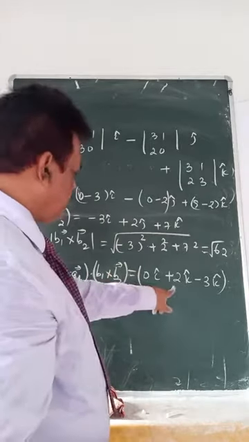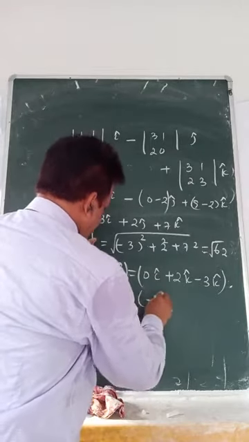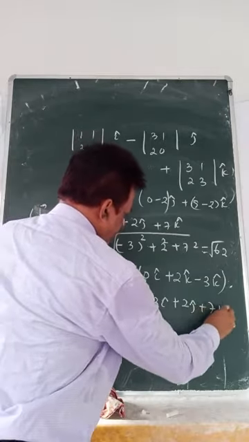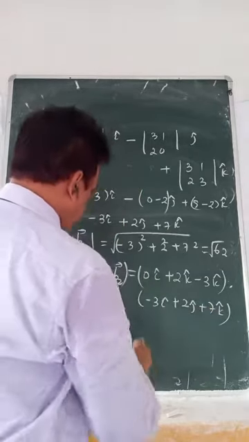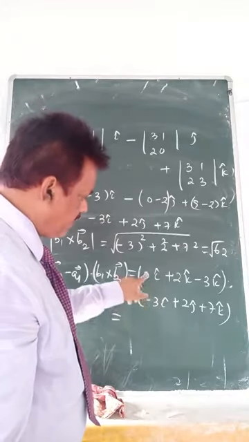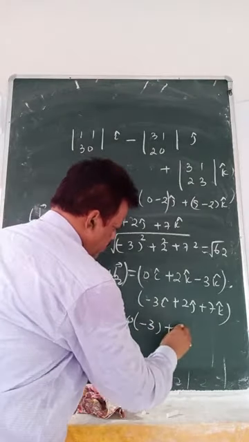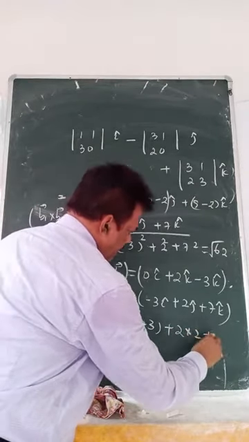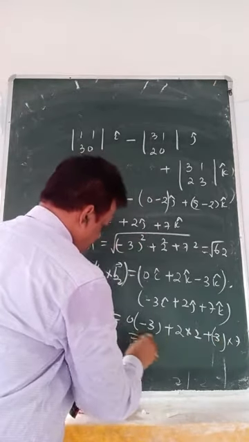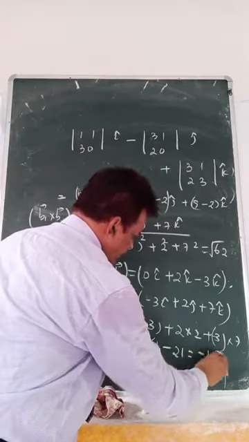So A2 minus A1 is this, dot minus 3i plus 2j plus 7k. So I into I will be 1, this is 0 into minus 3, plus 2 into 2 plus minus 3 into 7, that is 4 minus 21, that is minus 17.